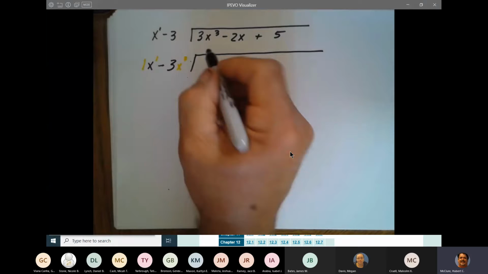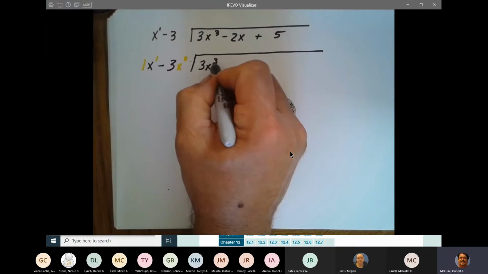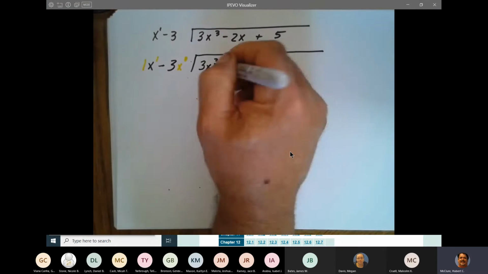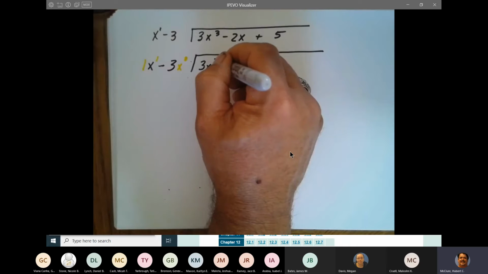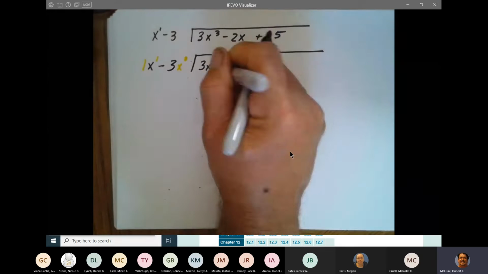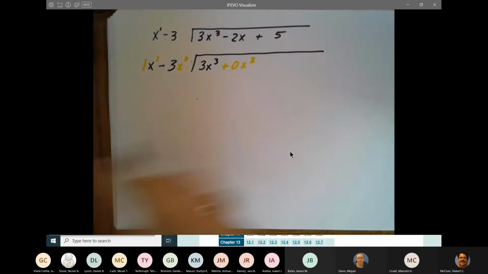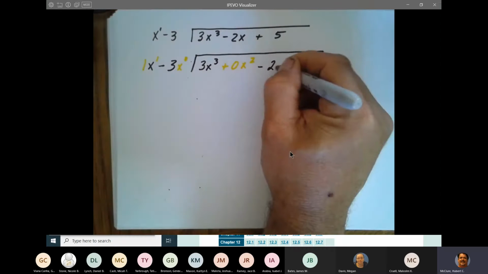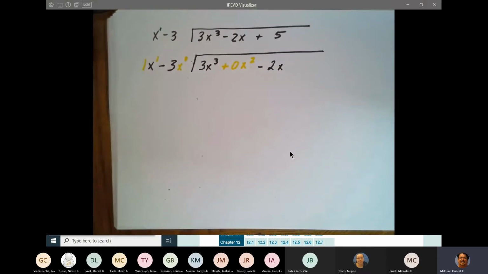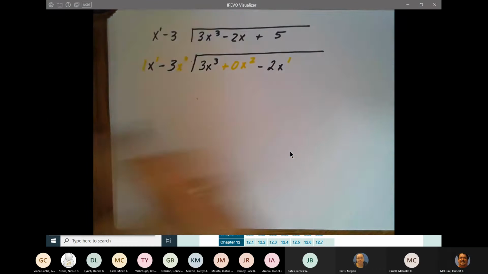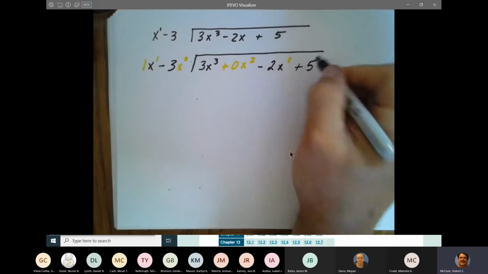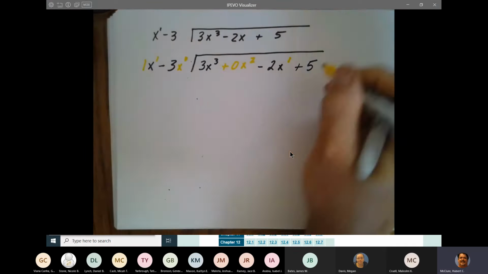3x to the third. So we got to make sure we got everything from the third power. So the next one is going to be plus 0x to the second power, minus 2x to the first power, plus 5x to the 0 power.